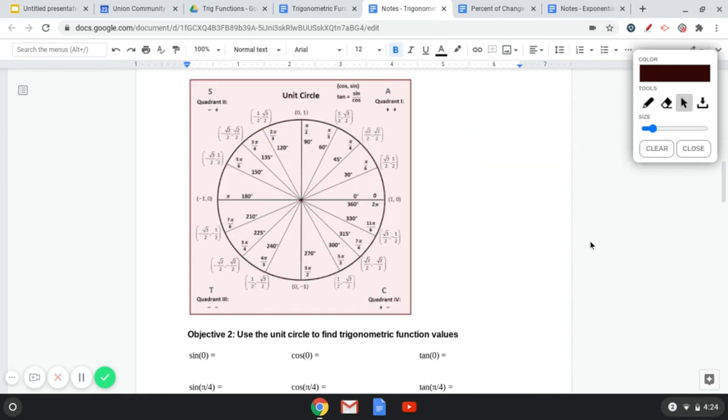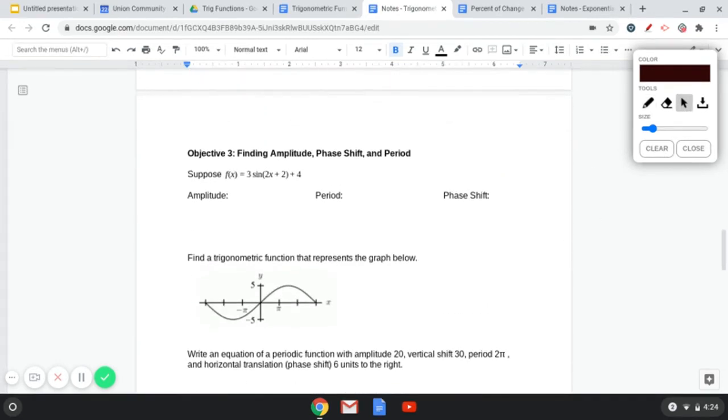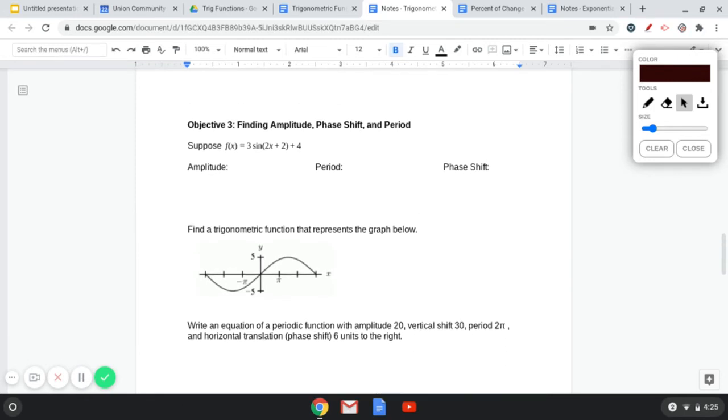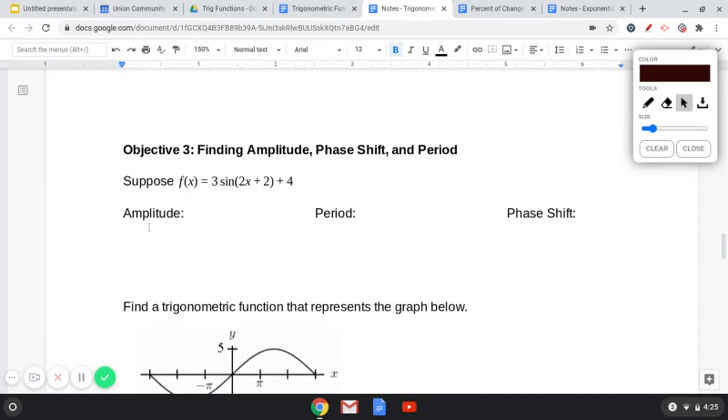All right, so now let's talk about some finding amplitude, period, and phase shift. Recall, I can zoom in a little bit and then write it. I'll write it above.